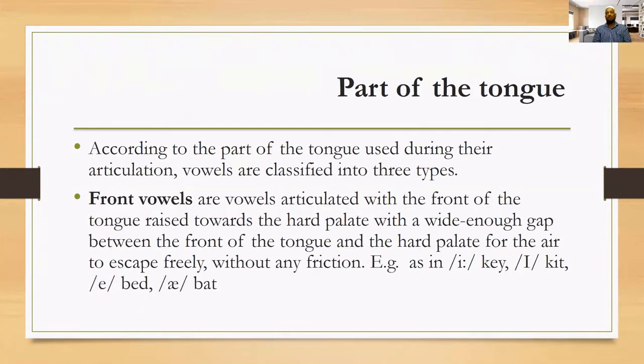The first criterion, part of the tongue. According to the part of the tongue used during the articulation, vowels are classified into 3 types. First is front vowels. Front vowels are vowels articulated with the front of the tongue raised towards the hard palate, with a wide enough gap between the front of the tongue and the hard palate for the air to escape freely without any friction.